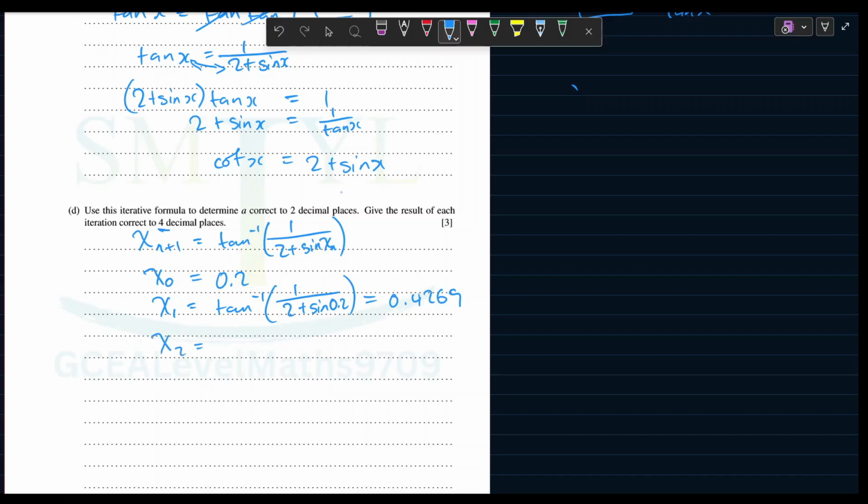So x2 is going to be arctan of, now instead of having to manually punch the result of the previous iteration into your next calculation, we can just use the answer function on the calculator. So find the button written ANS on your calculator and just replace the 0.2 with ANS.